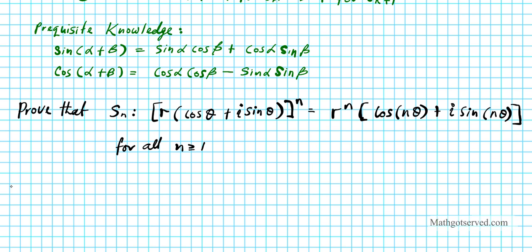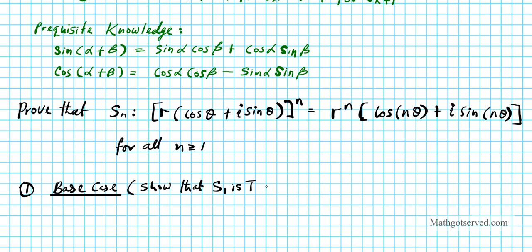All right, so let's go ahead and do this proof. Part 1 is our base case. For our base case, there are two ways of writing it, and I'm going to write them both ways so you can see. We want to show, as a shorthand way, that S1 is true.